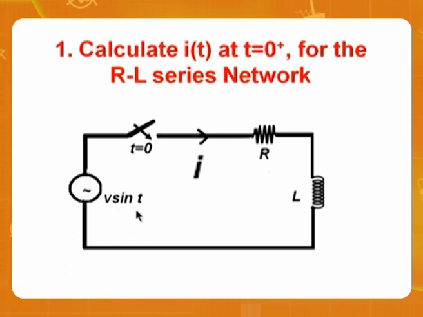For the illustration I have taken the first problem. Calculate i(t) at t=0+ for an RL series network. This is the circuit given to us and sin t is the input given. Now please understand, we can never estimate t=0+ without estimating t=0-.